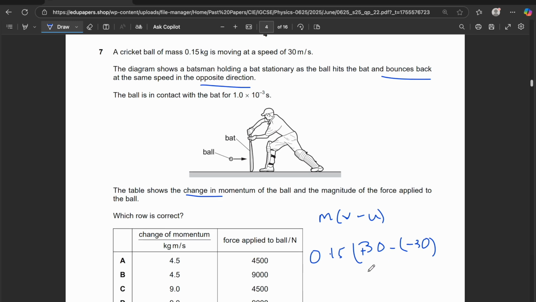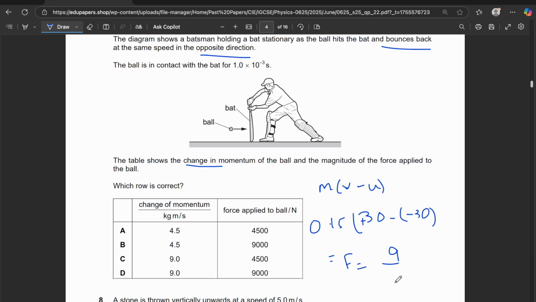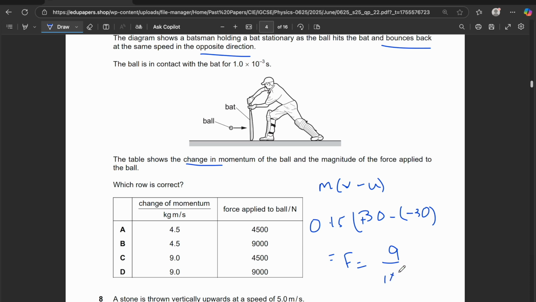And this will be equal to 0.15 × 60, which is 9.0. It's either C or D. And force applied to the ball, F, is equal to rate of change of momentum, which means this change of momentum divided by the time taken. So it will be D.